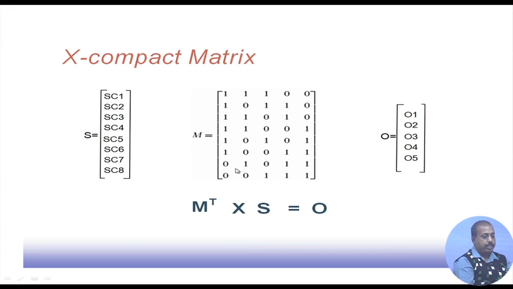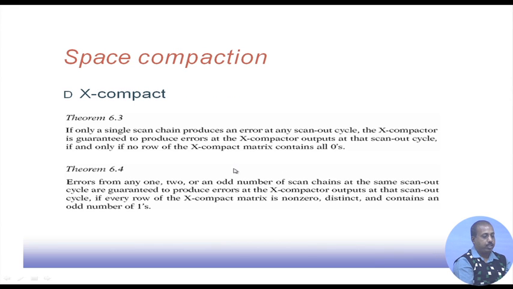Now, it says that if the XCompact matrix has got this property, that is, no row of the XCompact matrix contains all zeros, then any error that is produced in some scan out cycle, if the error comes only in a single scan chain, if only a single chain produces an error at any scan out cycle, then this XCompact matrix will be able to catch that error at that scan out cycle.